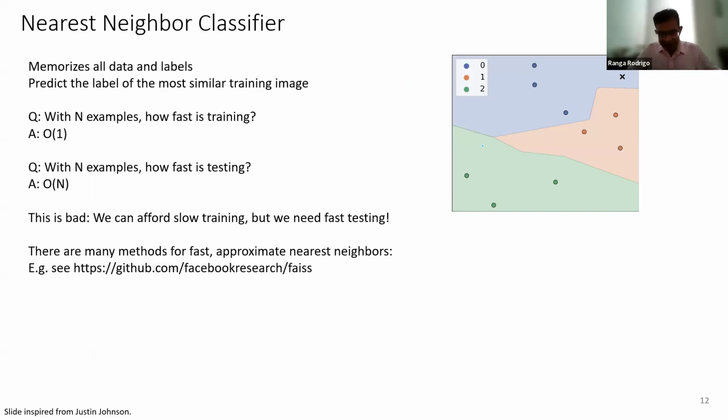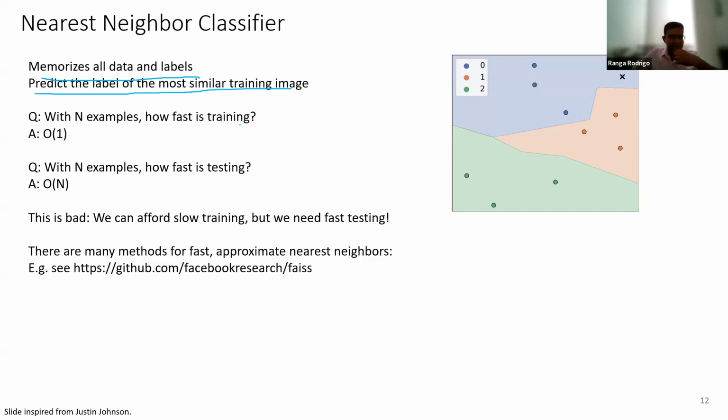Okay. First of all, to understand a few concepts about classification, we will look at the nearest neighbor classifier. But before that, do you have any questions? Okay. Now, this nearest neighbor classifier is very easy. It memorizes all data and labels, and predicts the label of the most similar image.